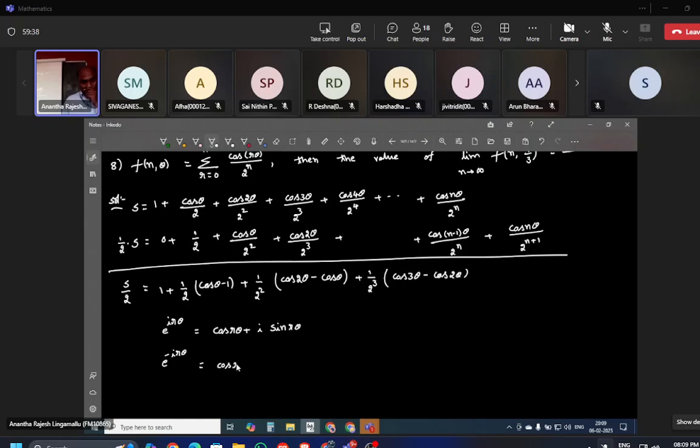Cos r theta minus i sin r theta. Adding these two, e power i r theta plus e power minus i r theta, by 2, is equal to cos r theta. So what is the benefit? Divide by 2 power r. So 2 power r plus 1 is the denominator of the given term.